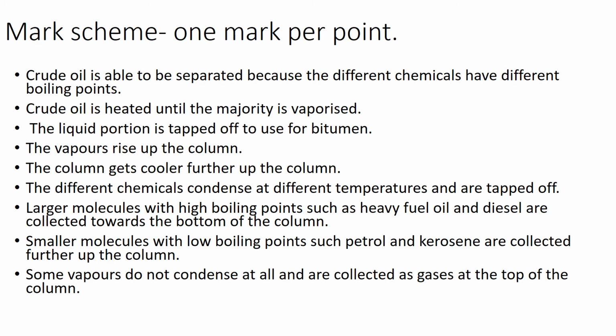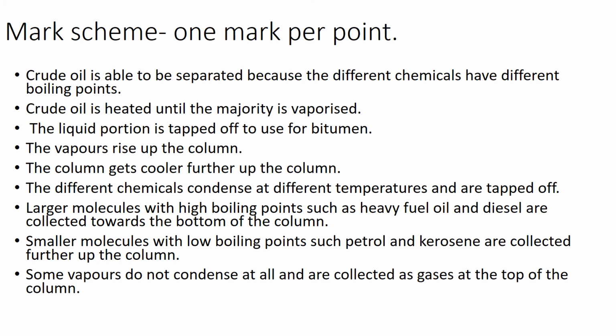Smaller molecules with lower boiling points, such as petrol and kerosene, are collected further up the column, and you could go on and add that these smaller molecules have smaller forces of attraction between the molecules, so they need less energy for those forces to be overcome in order for the molecules to vaporize.